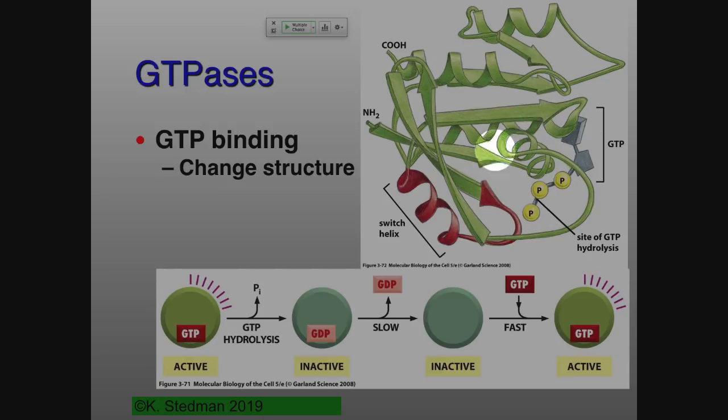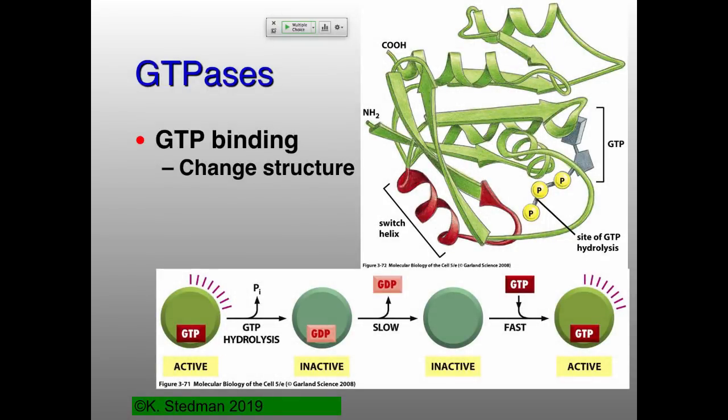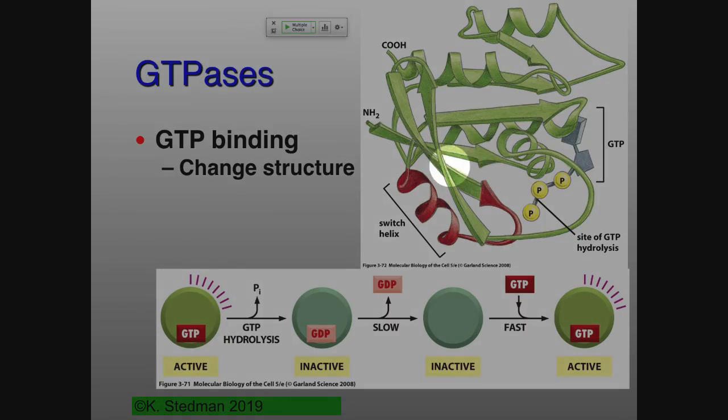Probably the second most important in terms of cell signaling are these G proteins, or GTPases. Again, these are allosteric proteins where you have binding by GTP to a protein. This particular protein is the RAS protein. It's mutated, I think, in something like 60 to 70% of solid tumors.